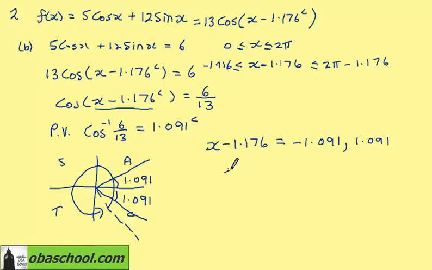So all we need to do to find x is add 1.176 to both of these. Minus 1.091 add 1.176 gives us 0.085 radians, and 1.091 add 1.176 gives us 2.267 radians.